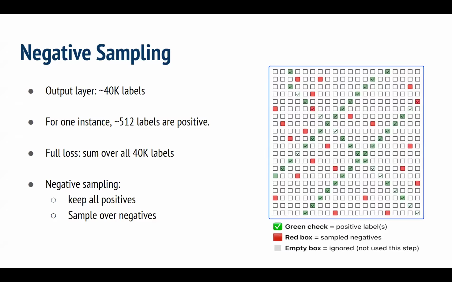So there is something called negative sampling, where you only calculate the loss for the nodes where the label applies, and where the label does not apply, you take a random sample. Let's say you take 10% or 5% of those, and that's basically what's called negative sampling. That's it, as basic as that, and we still have the same error function.